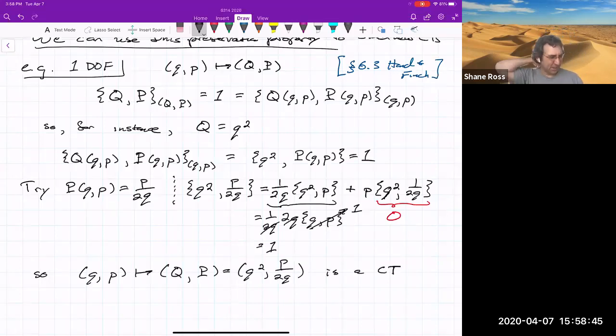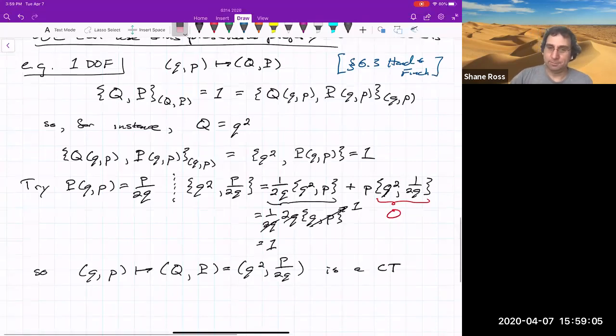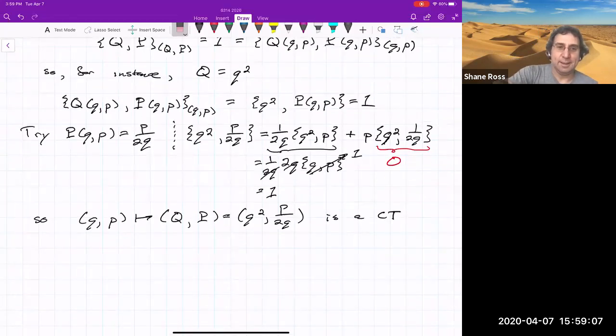And I think someone has asked me in the past, can you get a canonical transformation like this from a generating function? I think the answer is yes, any canonical transformation comes from a generating function, but I'm not 100% on that. Maybe the answer is out there.